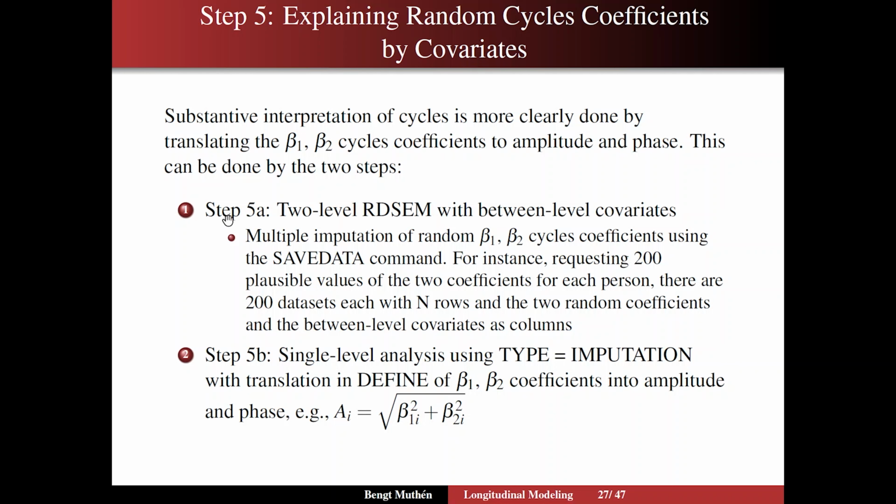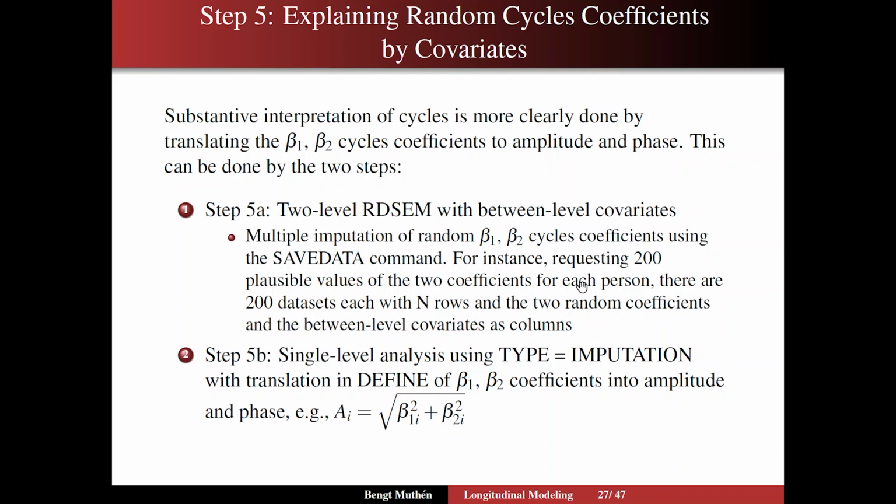In step 5a, the first step, we do a two-level RDSEM with between-level covariates, where we do multiple imputation at the end of the run for the random beta cycles coefficients using a save data command. We're going to take a look at that. For example, you can ask for 200 plausible values. That's the 200 value that we've seen before. 200 draws from the posterior distribution of the two beta coefficients for each person.